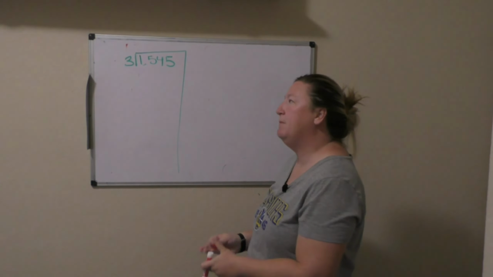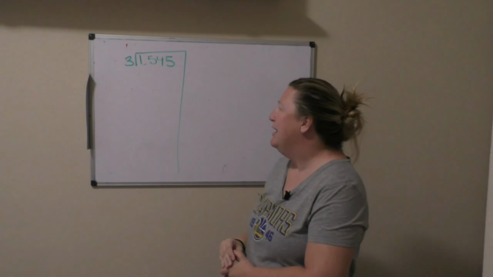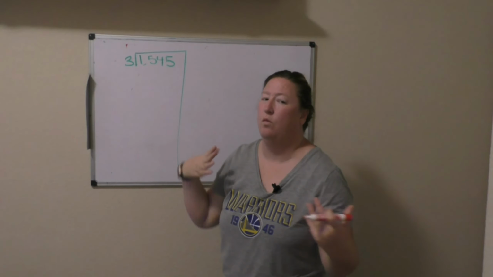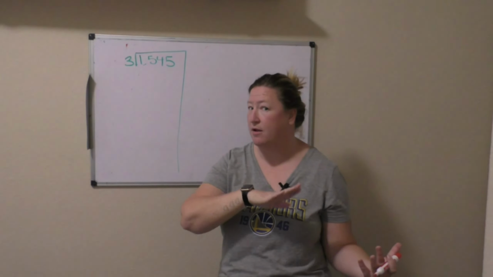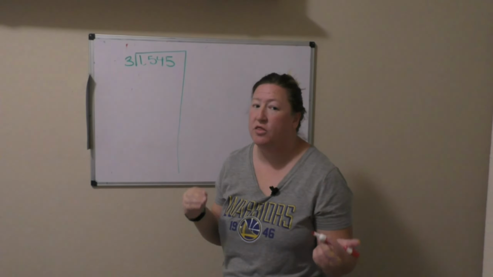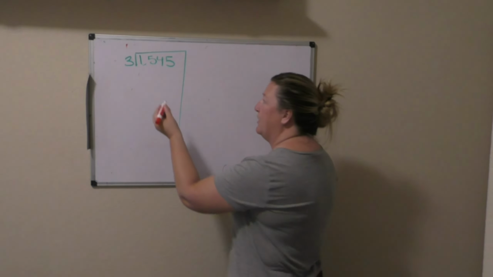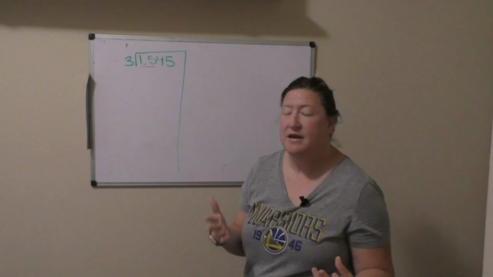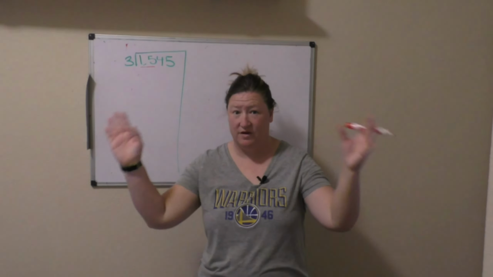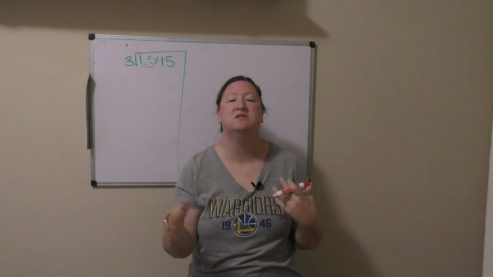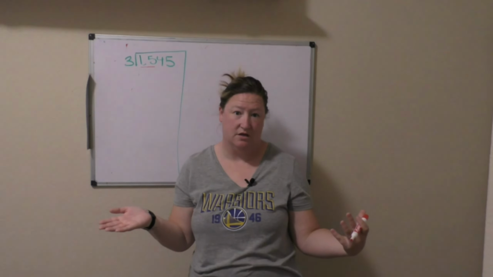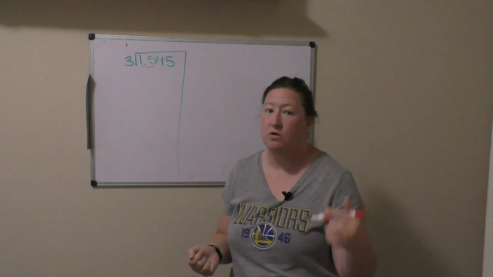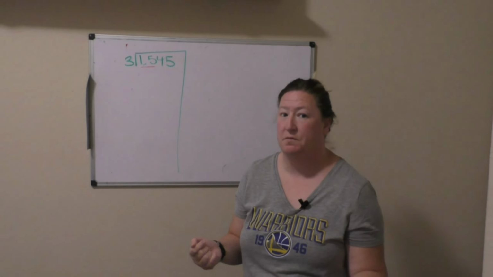The first step I'm going to look at is, I know that 3 can't go into 1 because 1 is smaller than 3, but 3 can go into that number right there, 15. Now, it can either go into 15 evenly and equally, or it can get close enough to 15 that we can use it. And again, this is where your multiplication facts are going to help you.